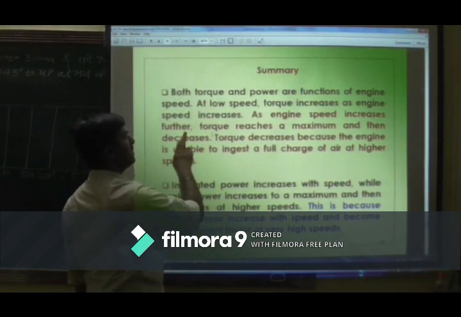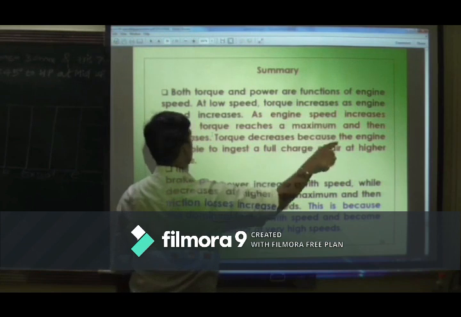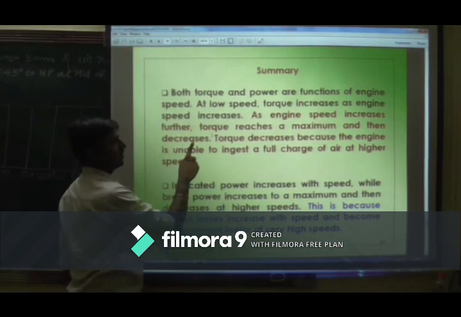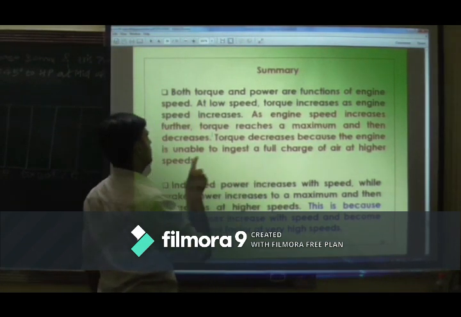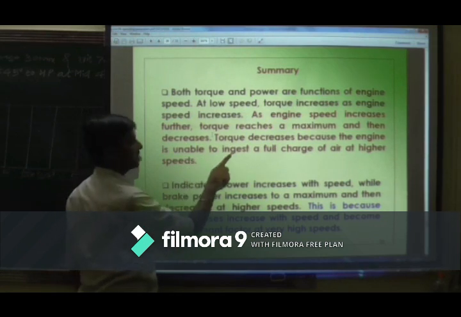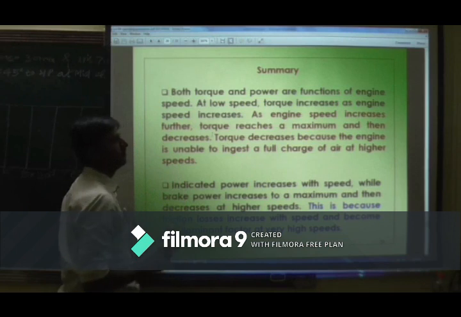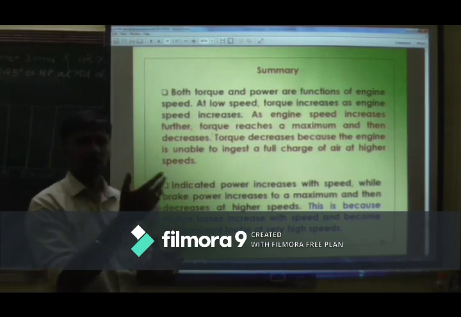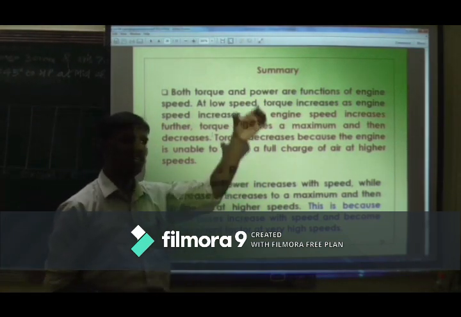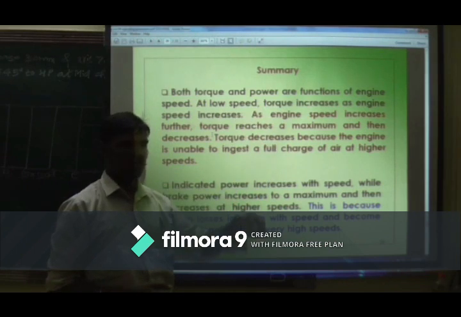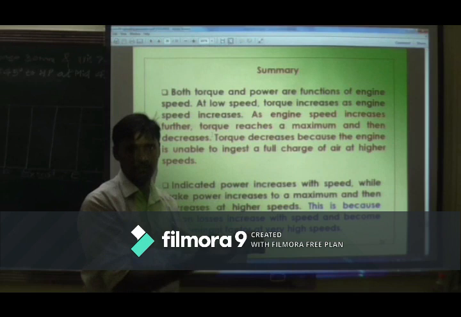As engine speed increases, torque reaches a maximum and then decreases. Torque decreases because the engine is unable to ingest a full charge of air at higher speeds. As speed increases, we know piston velocity also increases. As piston velocity increases, it can pull more air.